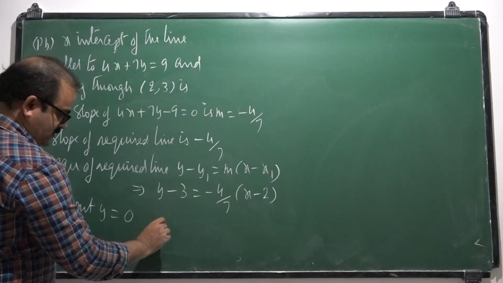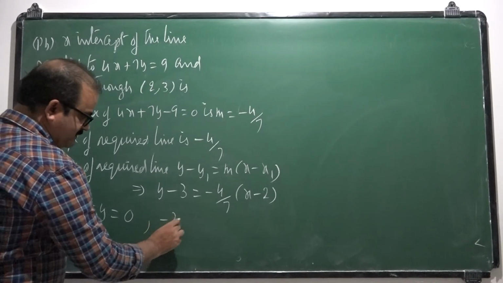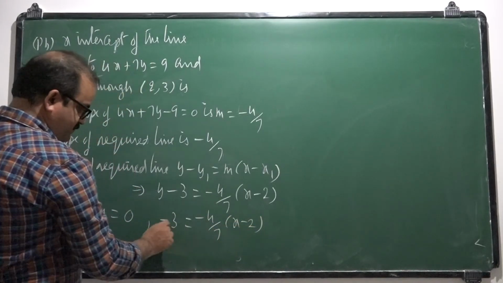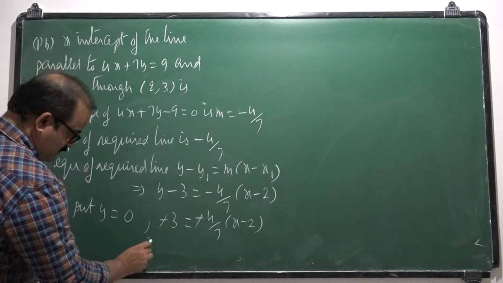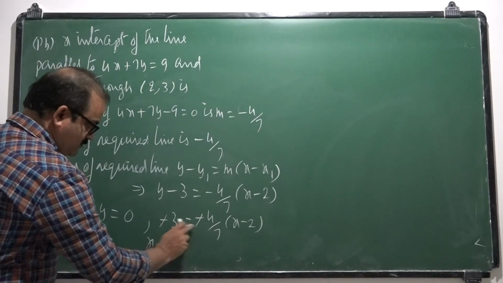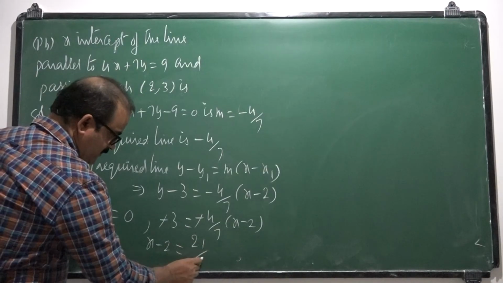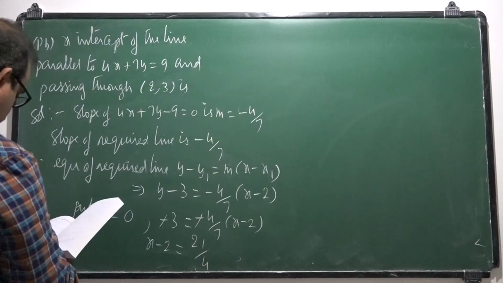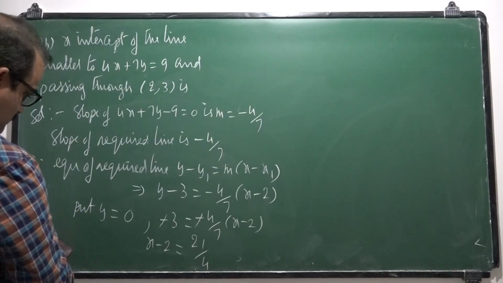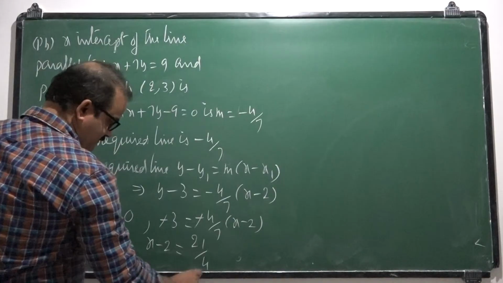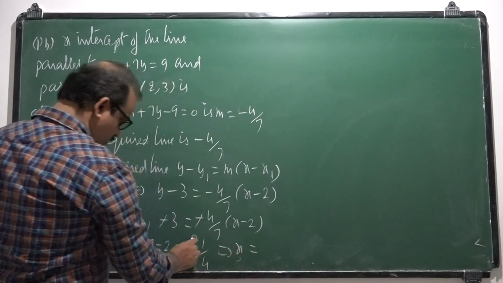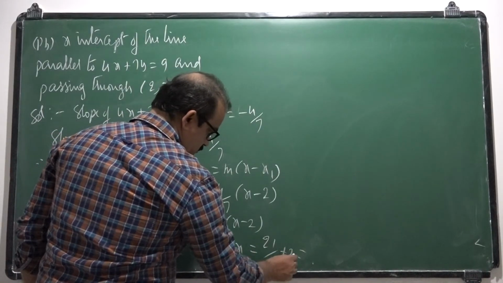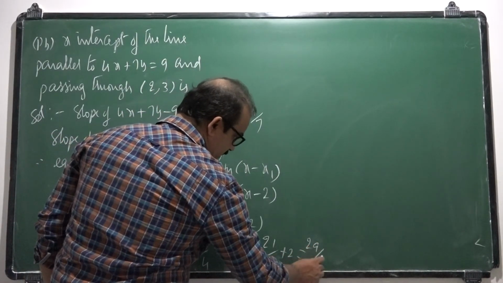Then it becomes -3 = (-4/7)(x - 2). Minus minus cancel. x - 2 = 21 by 4. Take this minus 2 to that side. x = 21/4 + 2 = (21 + 8)/4 = 29/4.